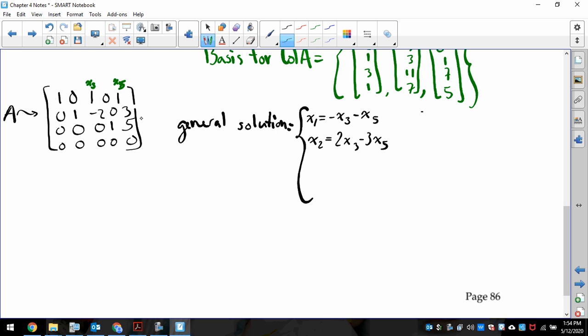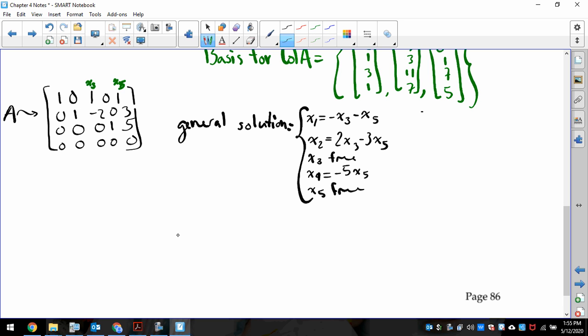Remember, I'm subtracting or adding these to the other side of the equation, so we are always taking the opposite sign. x3 is free. x4 is another basic, so this is going to be written as negative 5x5, and then x5 is free.